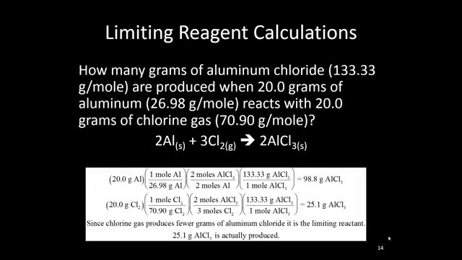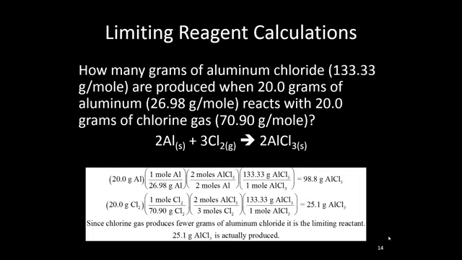If you were to run this process in the lab, it is possible that you would be able to determine the actual yield and then the percent yield for this reaction. We won't carry the calculation that far for this particular process, but it is worth noting that it's possible to do.